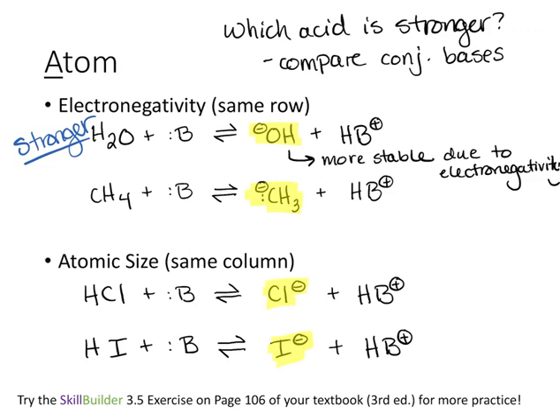And chlorine and iodine are both in the same column, so we need to compare them based on atomic size. Let's think back to our periodic trends. If you go down a column of the periodic table, does atomic size increase or decrease?